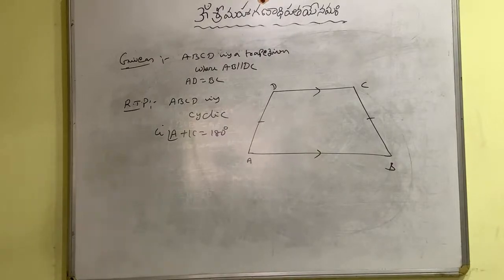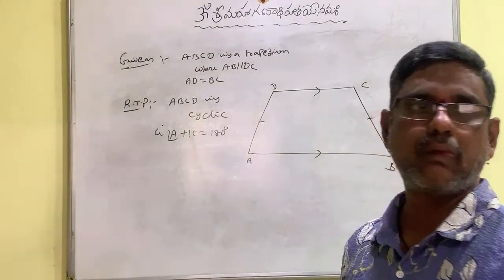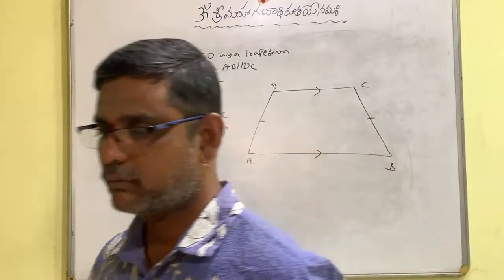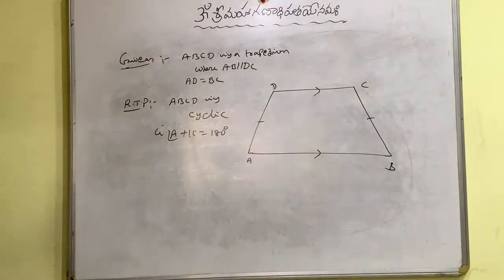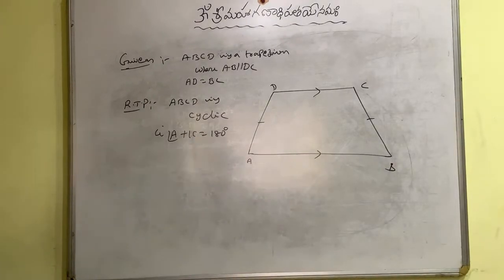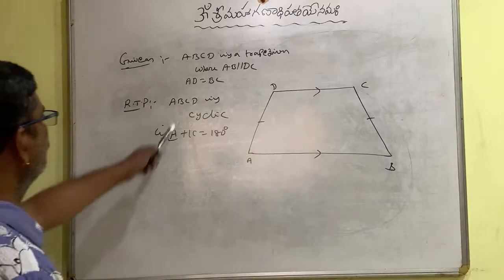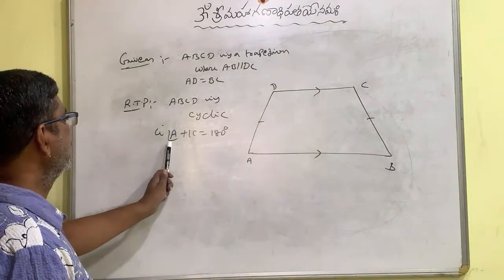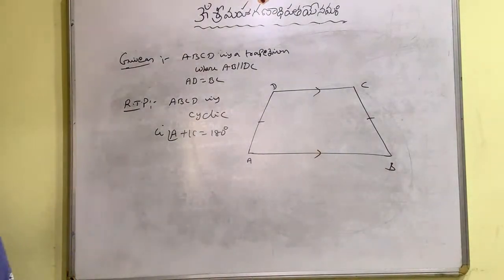Okay na? Now how to prove this? We need to prove ABCD is cyclic. And what is given? ABCD is a trapezium, AB parallel to DC and AD equal to BC. In order to prove ABCD is cyclic, it is enough to prove angle A plus angle C is 180.